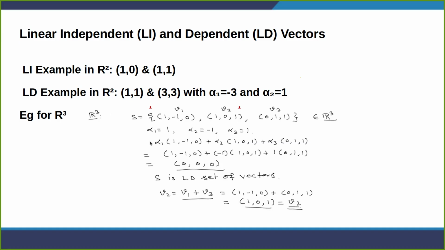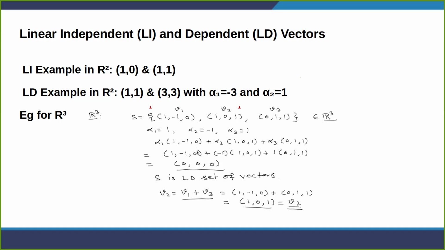For the first component, 1 plus 1, then alpha 2 is minus 1, so 1 minus 1 is 0. For the second, minus 1 plus 1 is also 0.